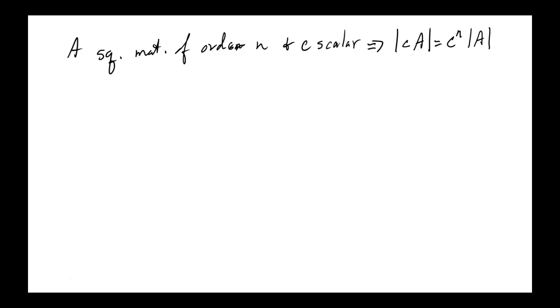What you do to the determinant of that now, you would have C times your expansions, however you do the expansion, but you have n rows or n columns, so you're using C n times because it's multiplied by every element in every row, or every element in every column. So that would be C to the n times the determinant of A.